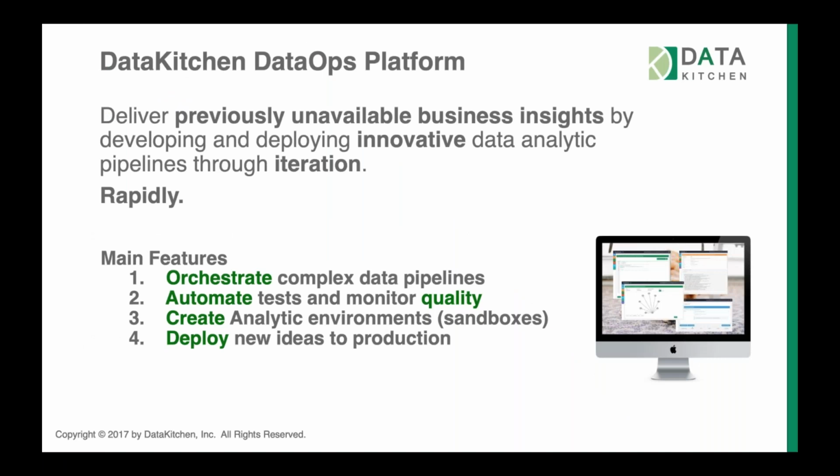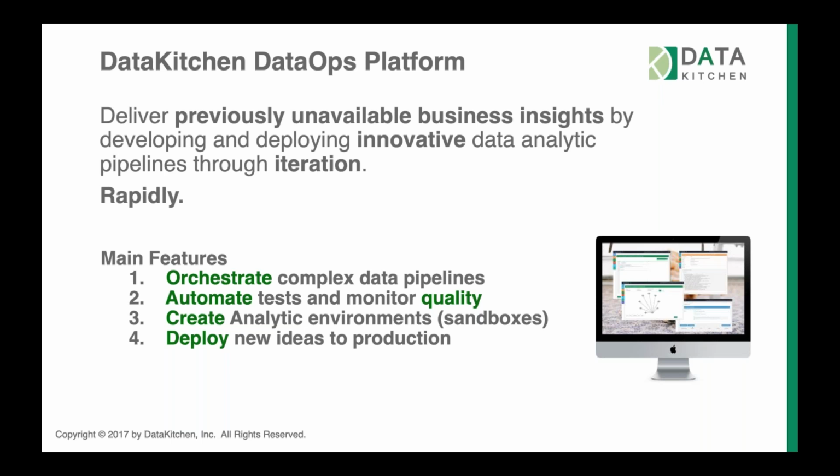Customers using our DataKitchen platform are able to deliver previously unavailable business insights by developing and deploying innovative data and analytic pipelines through rapid iteration. Our customers use us in four main ways: to orchestrate a complex data pipeline while that pipeline is running, to automate tests and monitor data quality so they can keep trust with their customers.